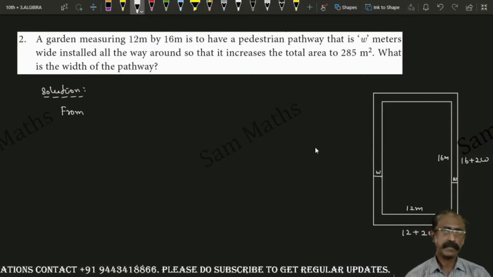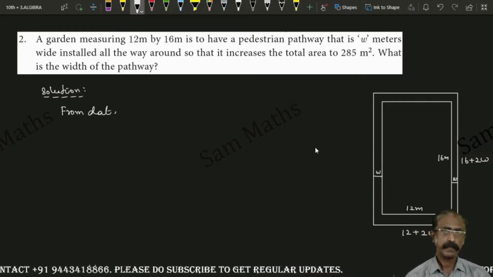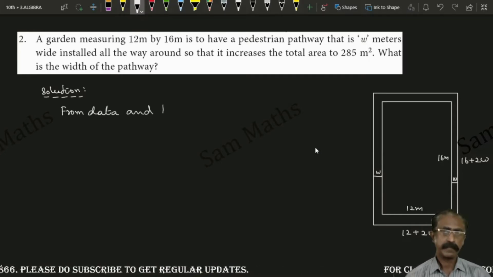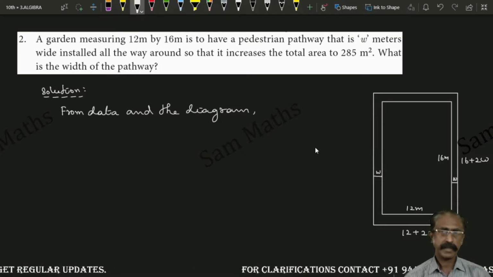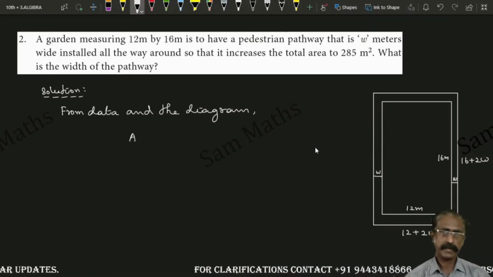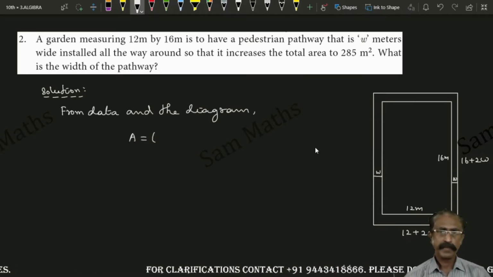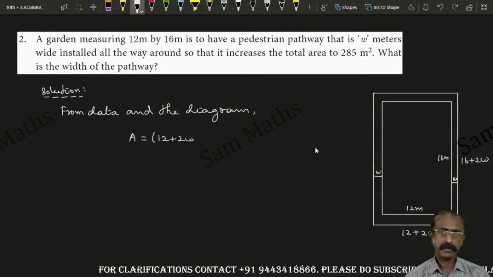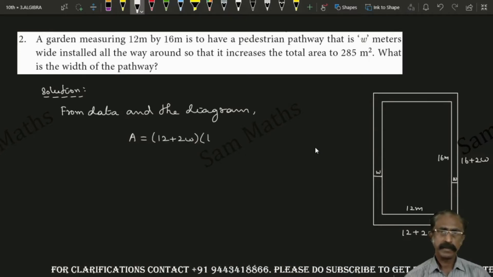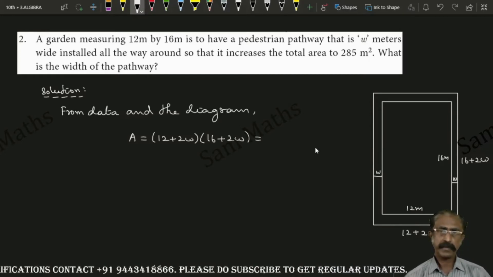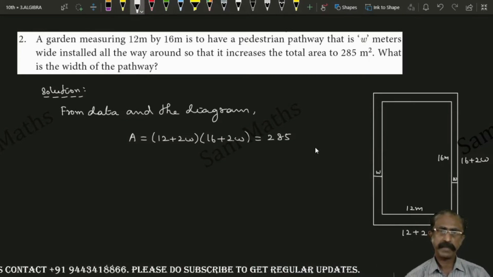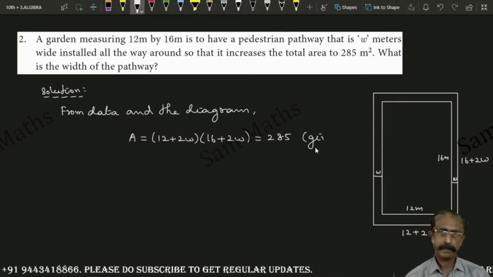From data and the diagram, we are getting the area is equal to 12 plus 2W into 16 plus 2W, which is equal to 285 meter square. This is given.